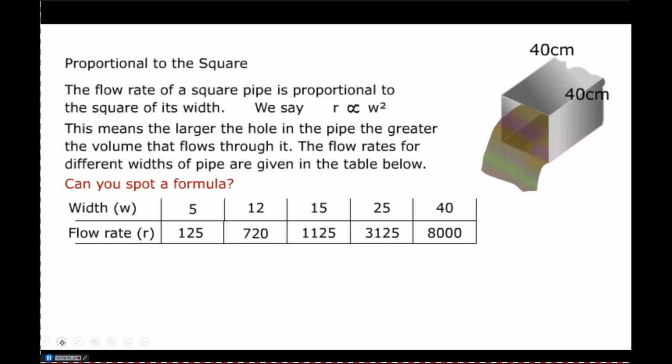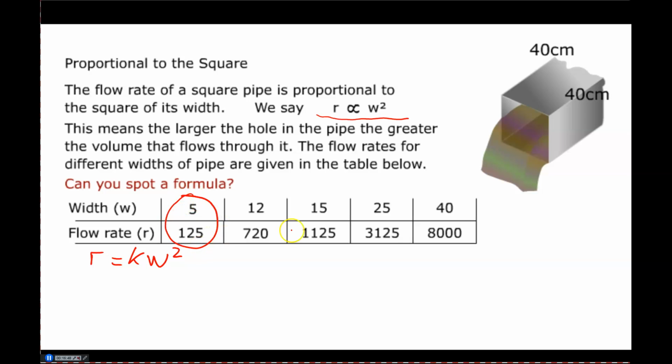So proportional to the square. Well, we kind of looked at one of these earlier. The flow rate of a square pipe is proportional to the square of its width. They've given us the starting point. This means, yep, okay, all very nice. So we can set up our equation with our constant of proportionality, pick a set of values.